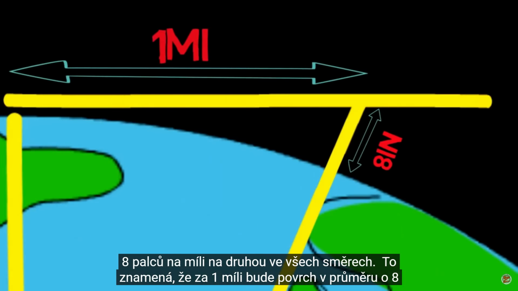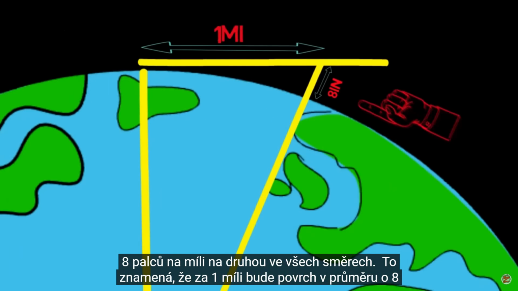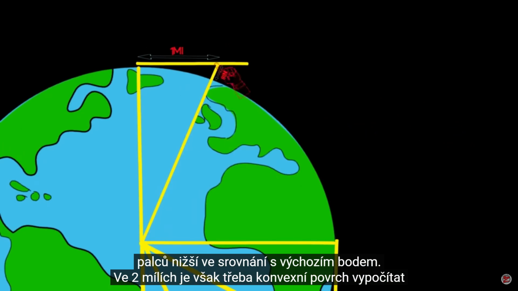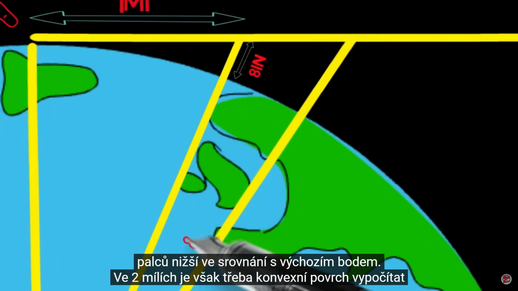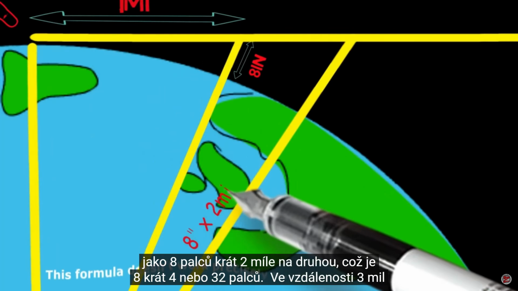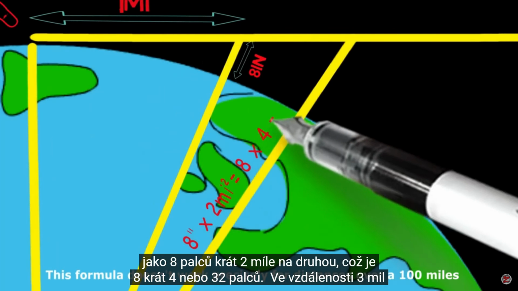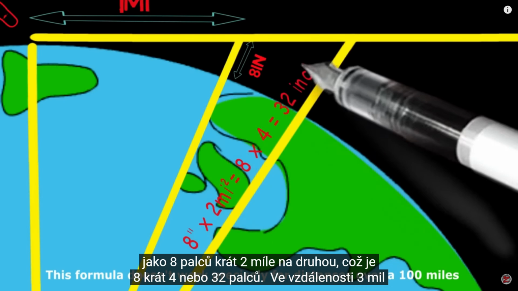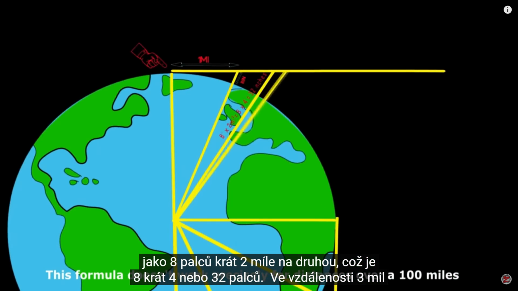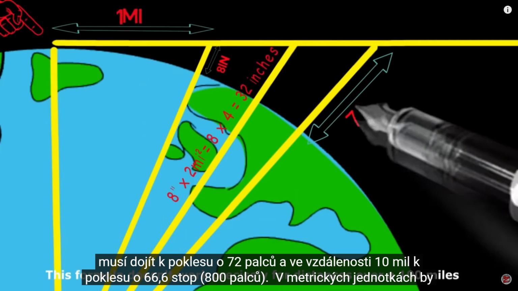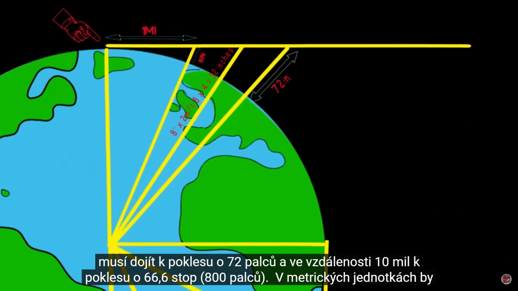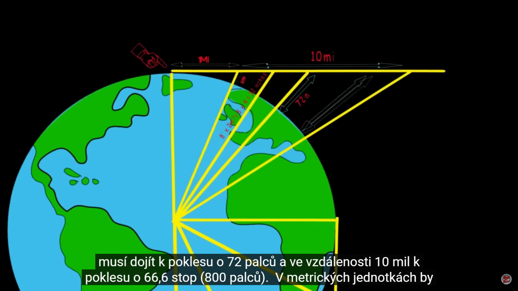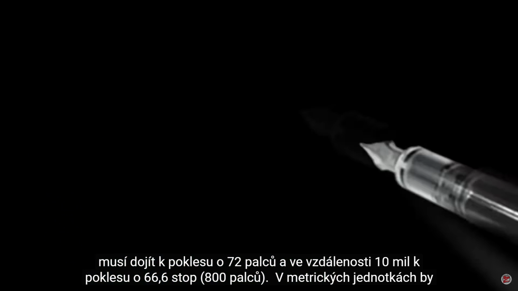This means in 1 mile, the surface on average will be 8 inches lower compared to the starting point. But in 2 miles, the convex surface must be calculated as 8 inches times 2 miles squared, which is 8 times 4, or 32 inches. At 3 miles away, there must be a 72-inch drop, and in 10 miles, a drop of 66.6 feet, or 800 inches.